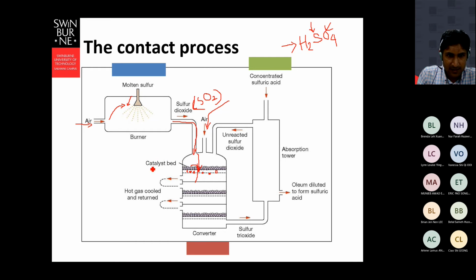Through the catalyst, through this rack, it goes through, and only then is sulfur trioxide produced. Just putting on another oxygen is so hard. This SO3, we cannot make SO4 from it. It's not impossible, but very hard, and it is not economically feasible.